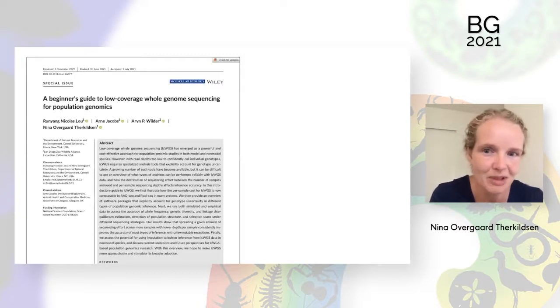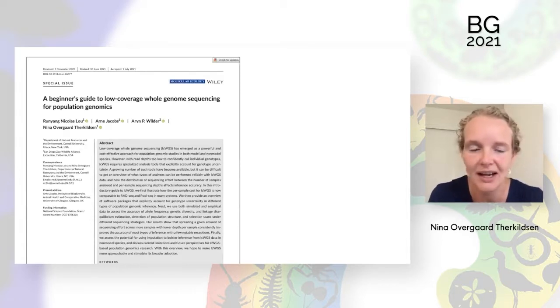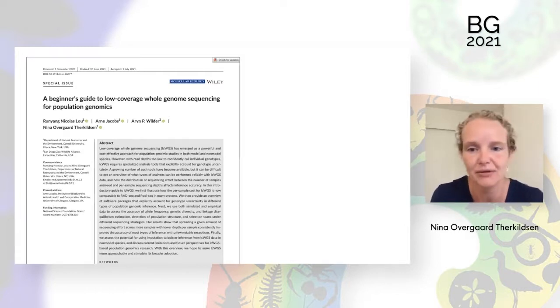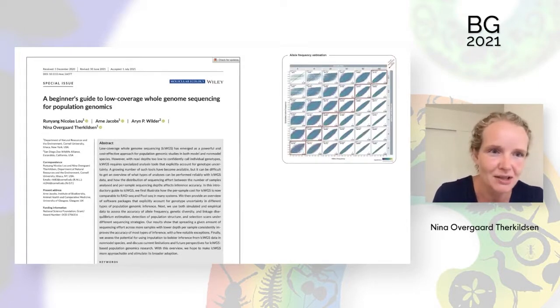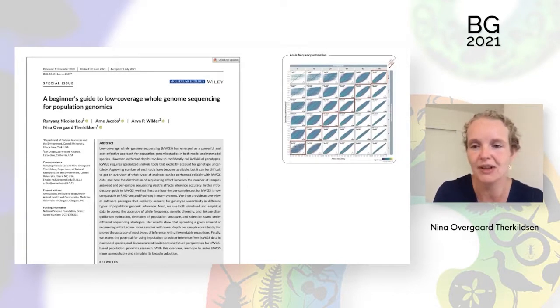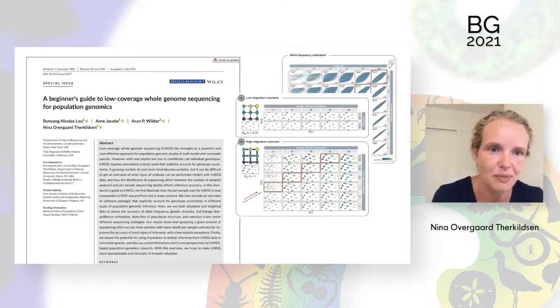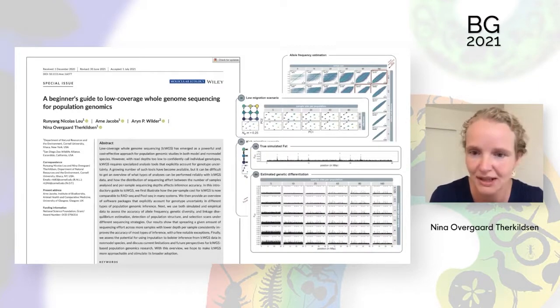And just a little shameless plug here for anyone wondering how to get started with these. We recently put together a guide to getting started with low coverage whole genome sequencing, where we review available software for different types of population genomic inference. We also did a series of evaluations on simulated data to look at the trade-off between the sequencing depth per individual and number of individuals, and how we could get the greatest inference power to estimate allele frequencies, population structure, and FST outliers.